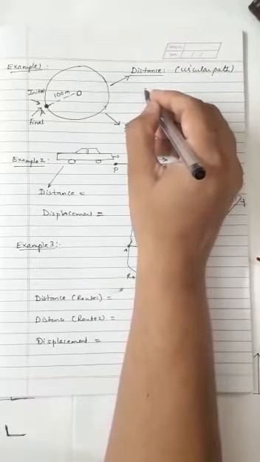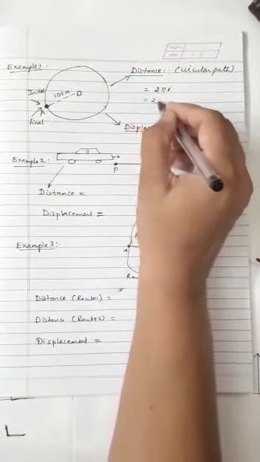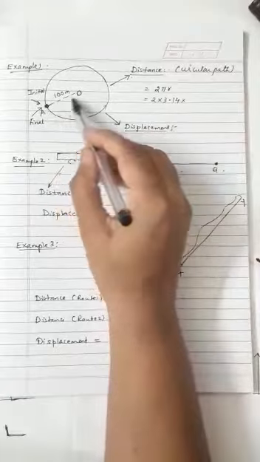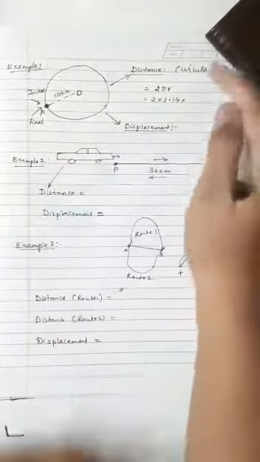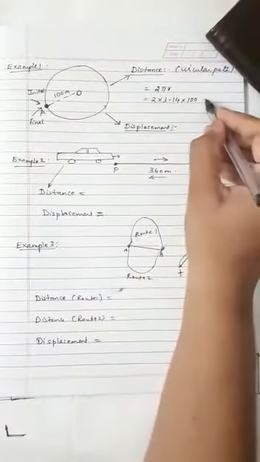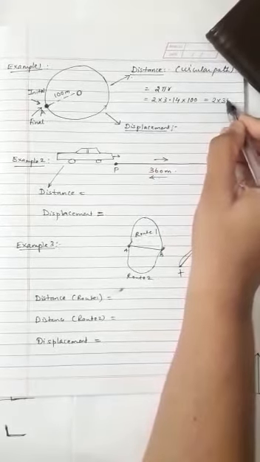So here, according to distance, as you can see, it is a circular path. We will calculate it using the formula 2 pi r. So we have 2 into 3.14, and as you can see, the radius of the circular track is 100. So the net answer comes out to be 2 into 314.